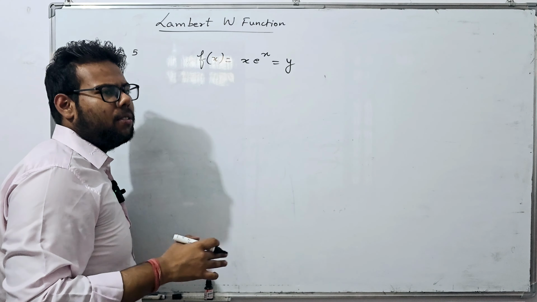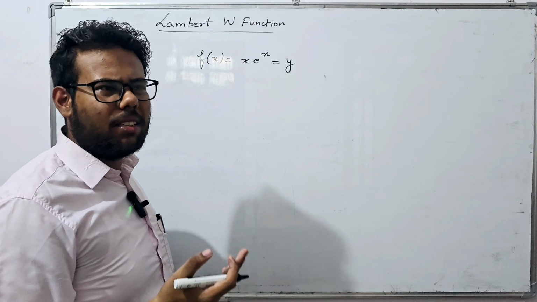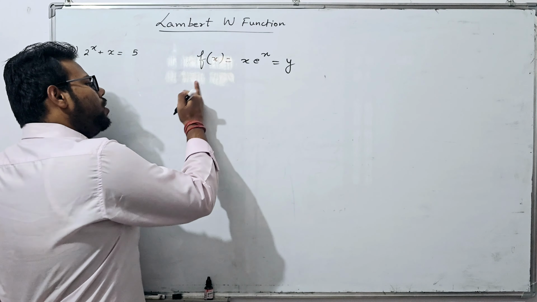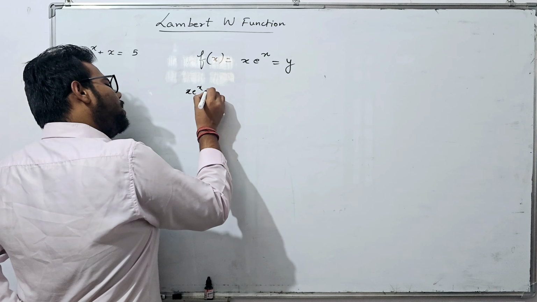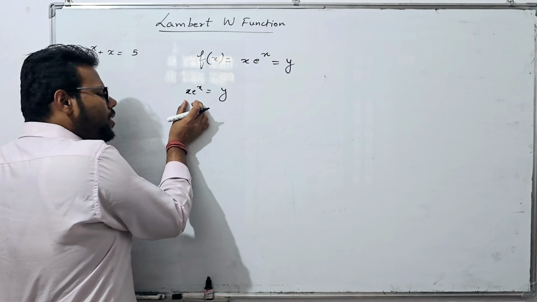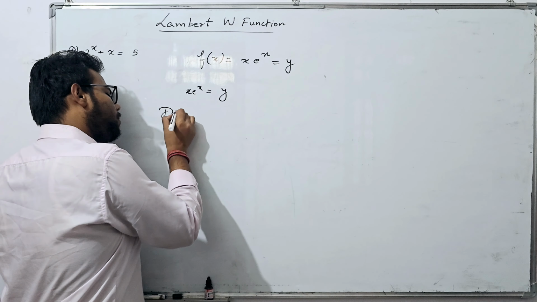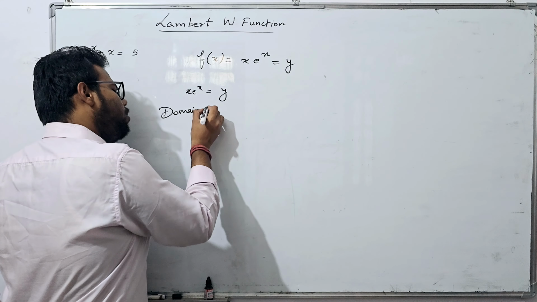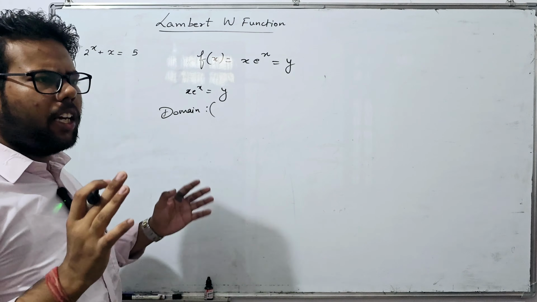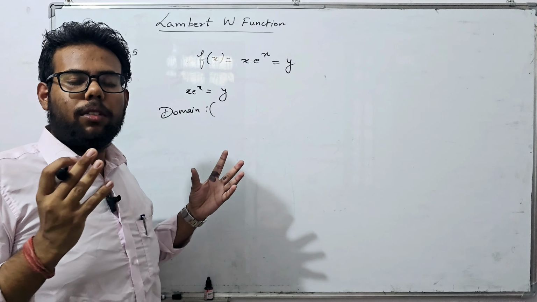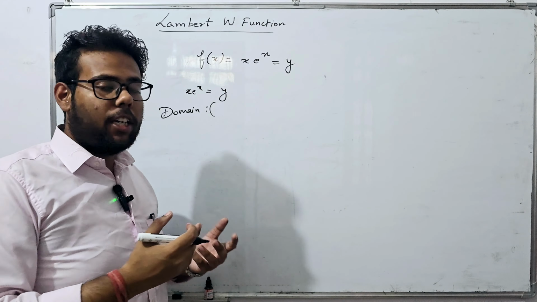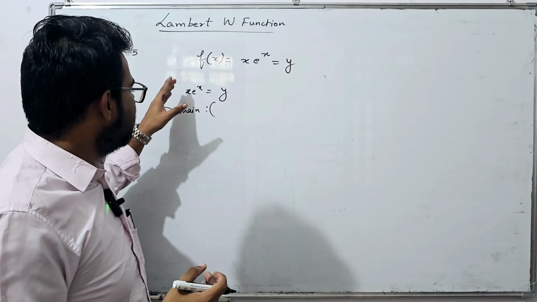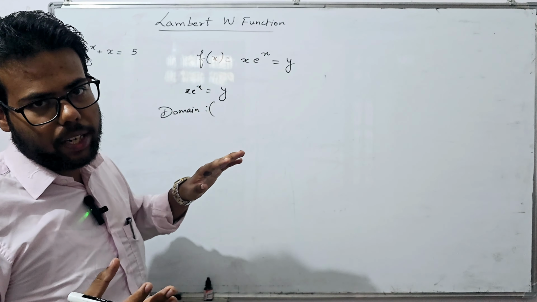We sometimes refer to it as the product log. So x e raised to the power x is equal to y, and what is its domain? We don't care about the complete domain. We will just be worried about the domain in which the function is one-one.